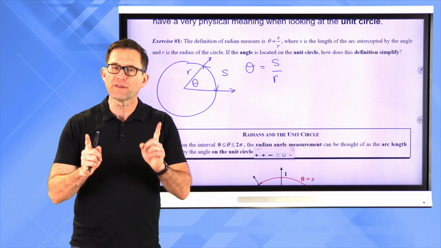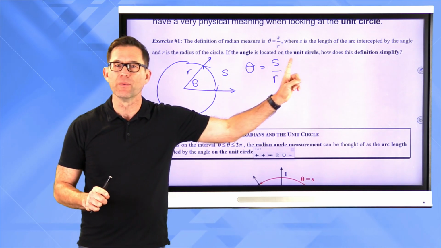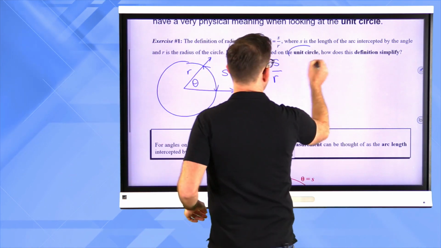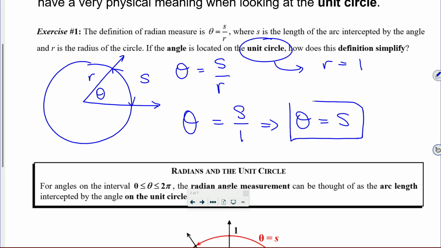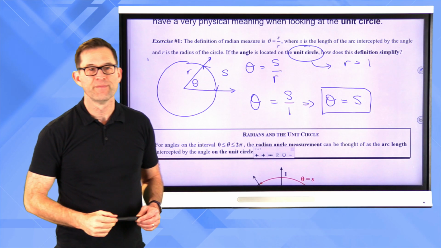But in the unit circle, the whole point of the unit circle is that r, the radius, is equal to 1. So that means that on the unit circle, theta equals s divided by 1, which means the angle is simply equal to the arc length.